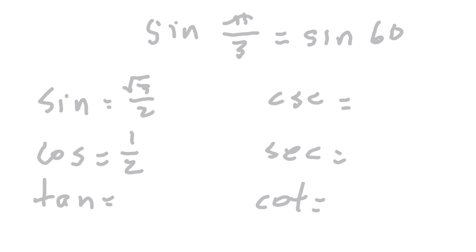So how do you get square root of 3? Let's talk about that just a little bit. So I'm going to take some time and talk about why this is square root of 3. If you remember on the previous deal, tangent is sine over cosine. So this is square root of 3 over 2 over 1/2.